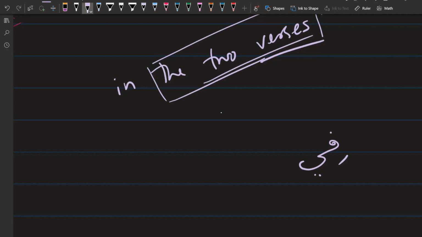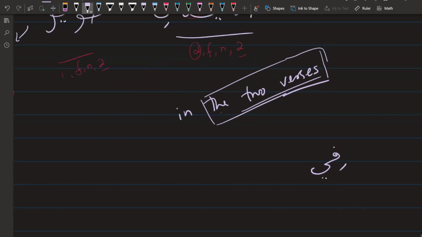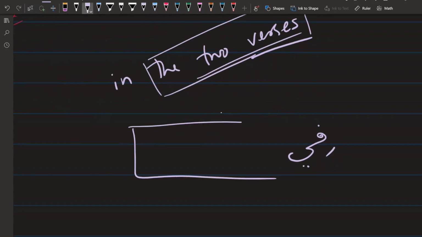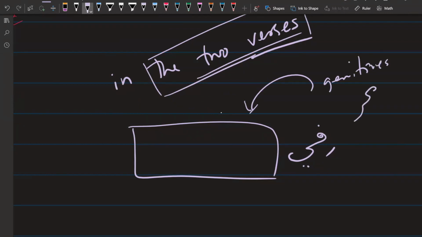So the thing is, what we learned is that because right now we have fi, whatever comes needs to be in the genitive case, right? So majrur. And all the time, we knew to make it into majrur is simply by adding kasra, right? Fil masjidi, fil bayti, okay? All of them just add kasra.